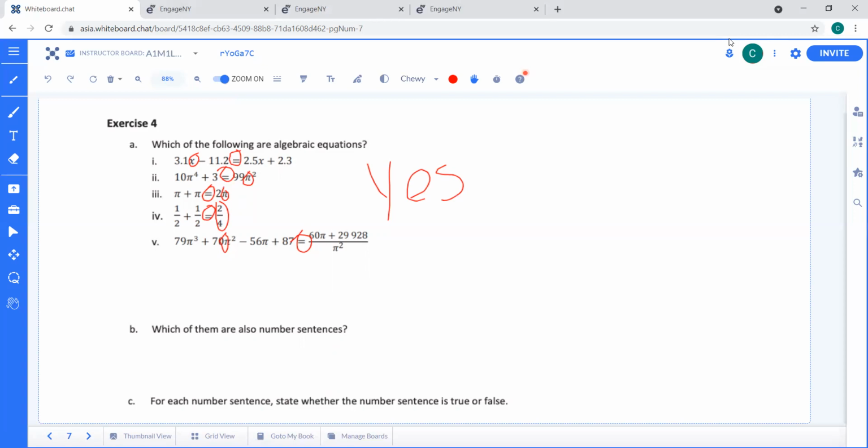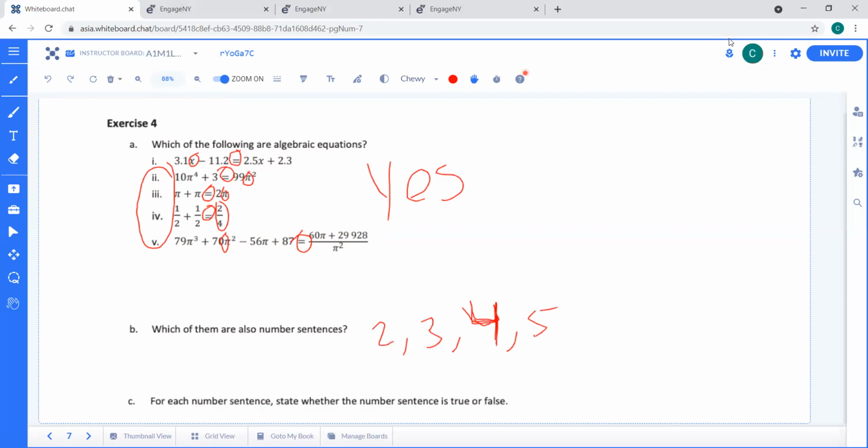Which of them are also number sentences? Well, what does it mean to be a number sentence? It would mean that we could actually solve them. We could solve 2, 3, 4, and 5 because we can plug in a value for pi, right?